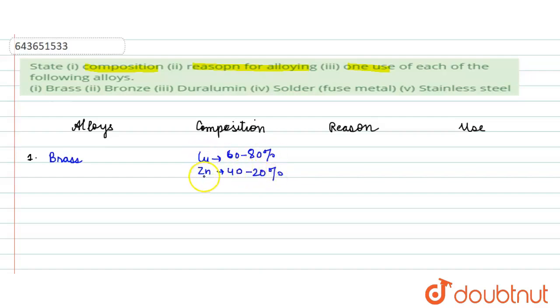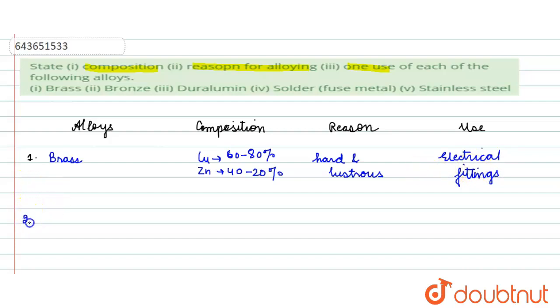When copper and zinc combine together, they form a hard and lustrous metal. Due to this property, they alloy better. Brass is a good alloy, and it is generally used in electrical fittings.